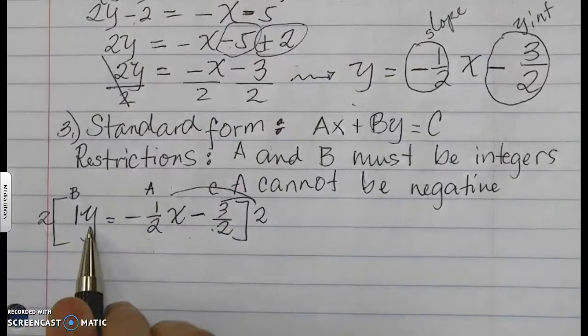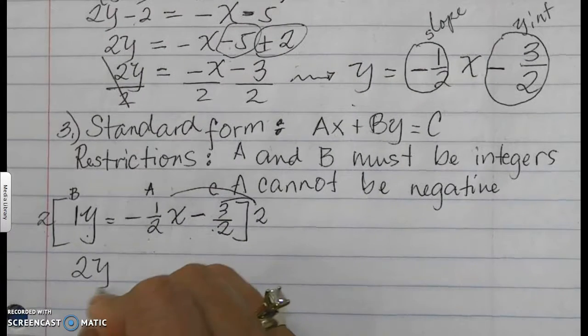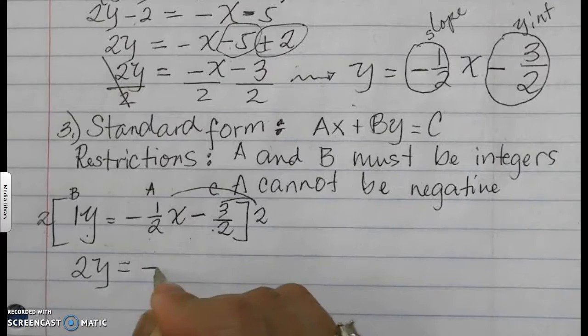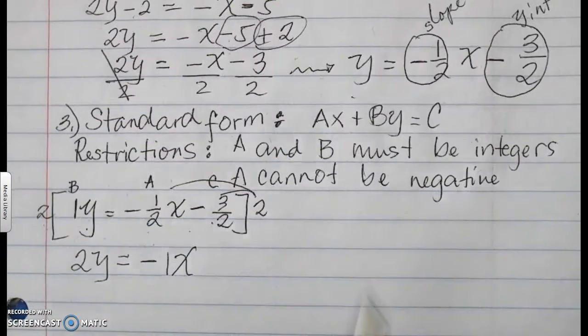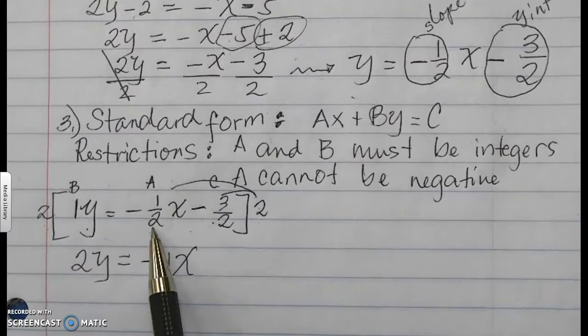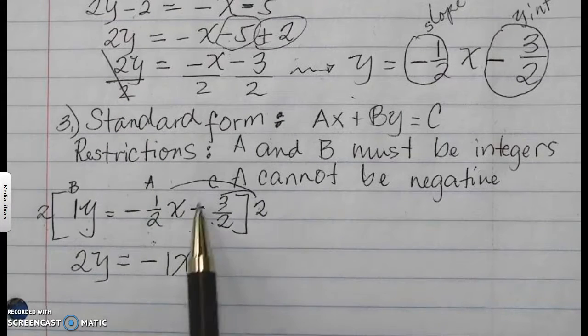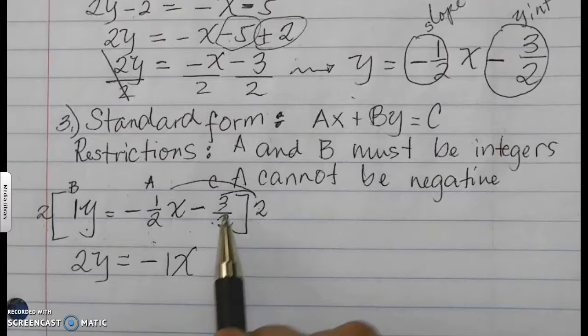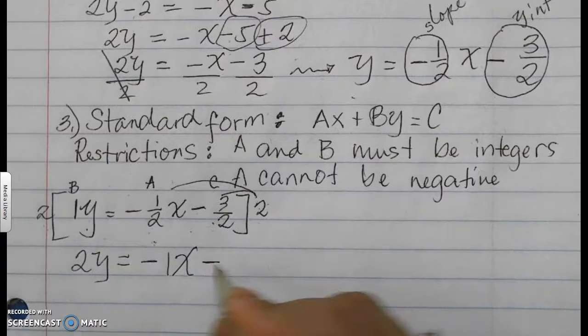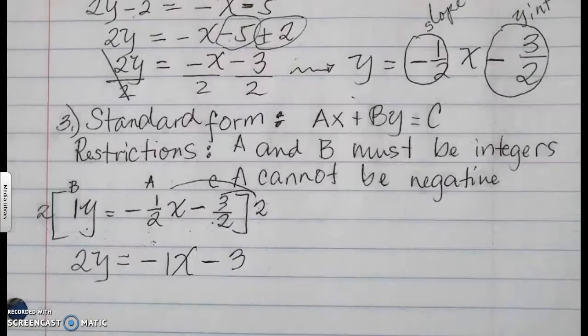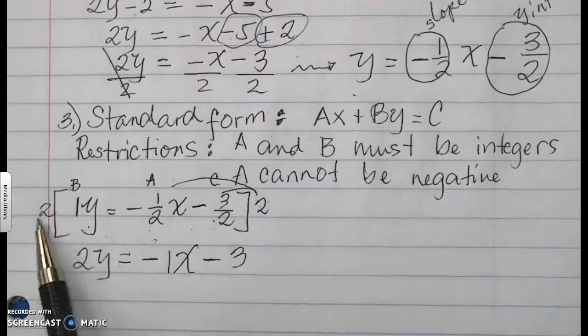So this now is going to become 2y equals negative 1x. Take a moment to understand why, because this 2 will cancel out the 2 at the bottom. But this is distributive, so this 2 also will multiply the 3, so that's going to become negative 3. This has a 1 at the bottom, so you just have to multiply.